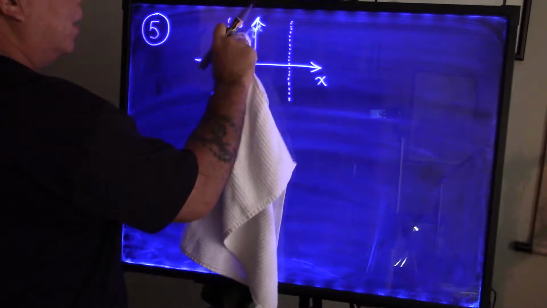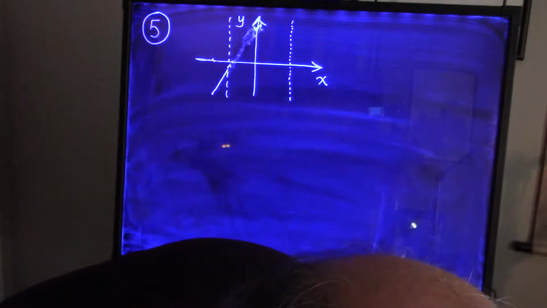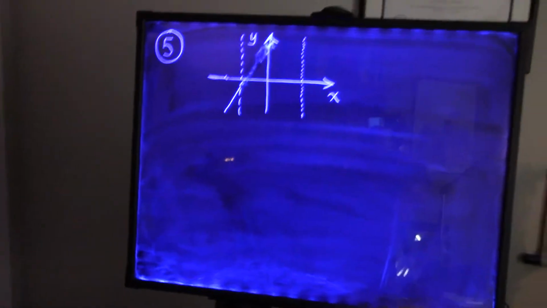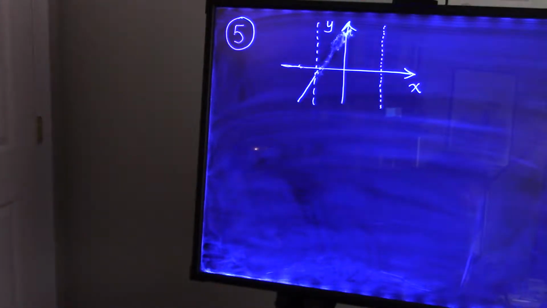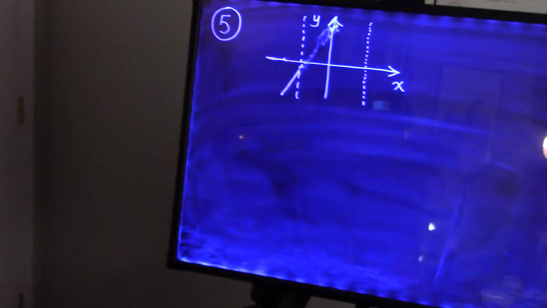And if you're really into being neat, you can use a little tool from drafting called an eraser shield.